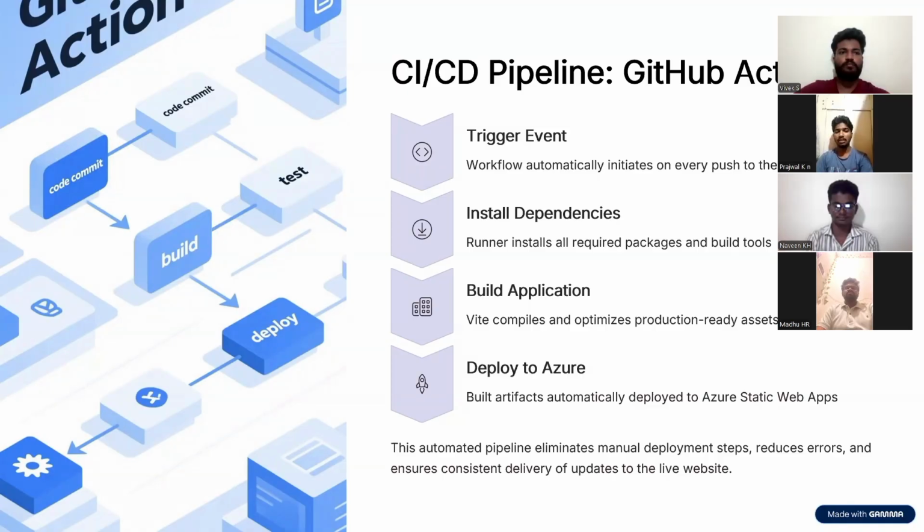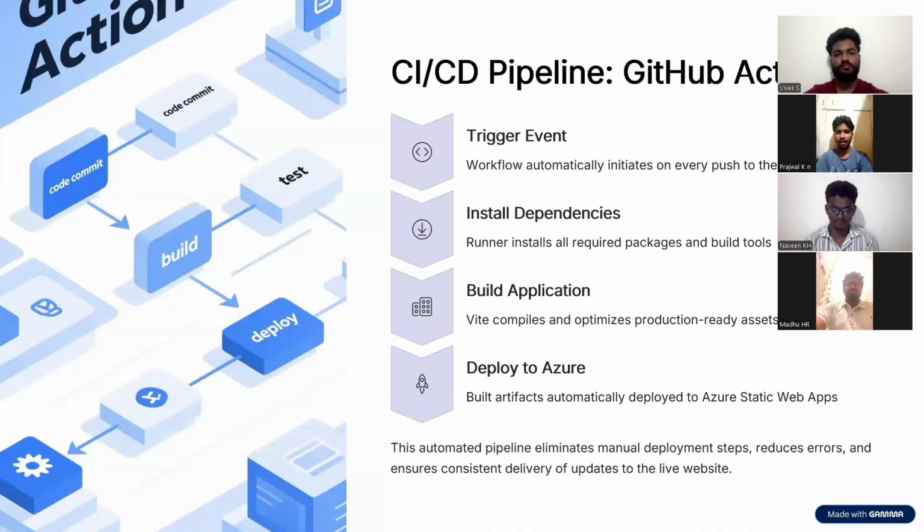The first one, trigger event, means the workflow starts automatically when code is pushed to the main branch. Install dependencies means GitHub runners install all required node modules and build tools. Building the application requires Vite, which bundles the application, optimizes the assets, and prepares production-ready files.